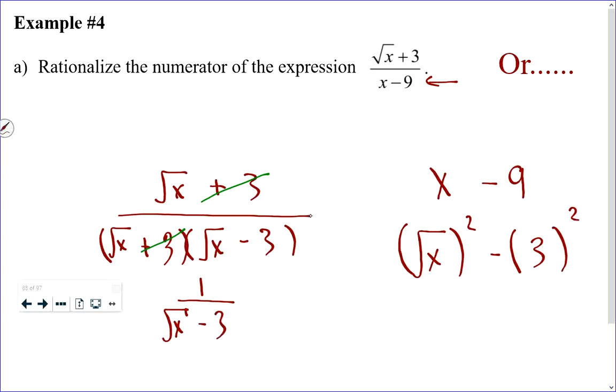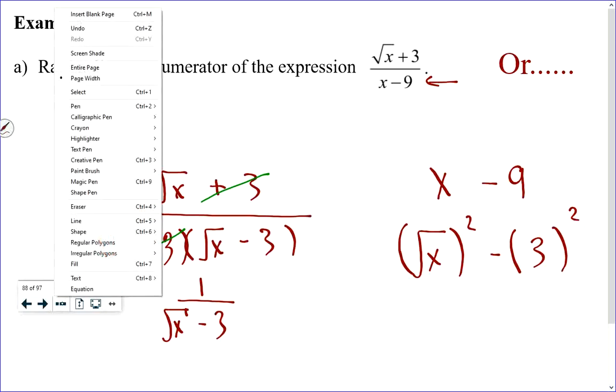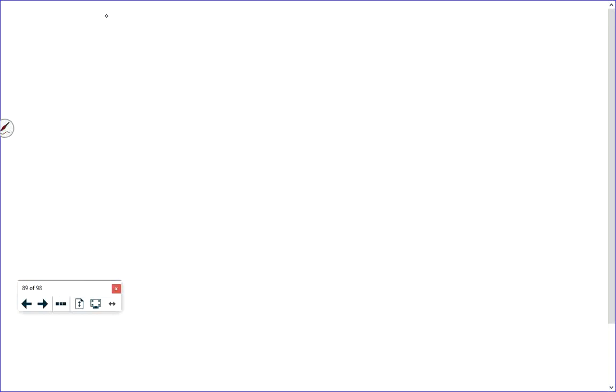And I guess what I'm saying is, if the need suits you, you could factor this as a difference of squares, or you could factor it as a difference of cubes if you really wanted to.